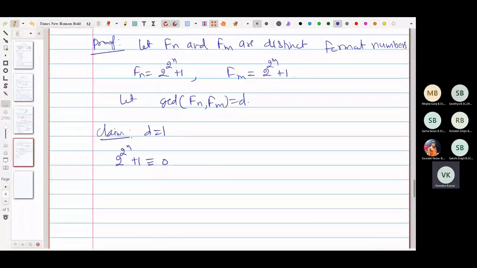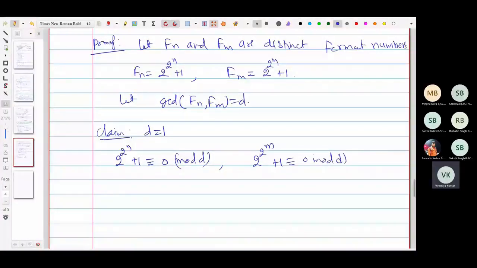It is congruent to 0 modulo d, because d is the greatest common divisor of Fm and Fn, so it must divide Fm and Fn both. So Fn should be a multiple of d, and Fm also should be a multiple of d. So we can write 2 to the power 2 to the power m plus 1 is congruent to 0 modulo d.